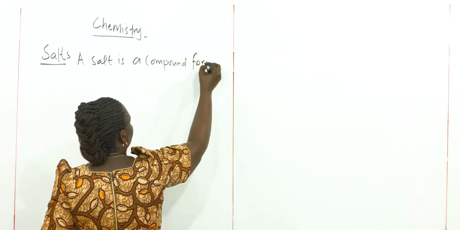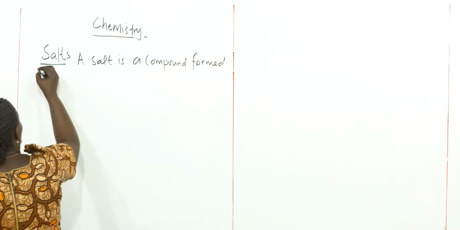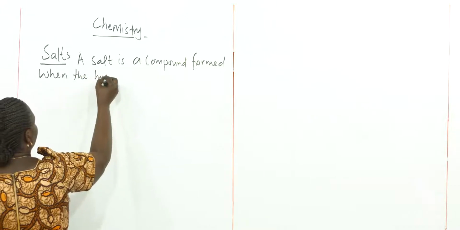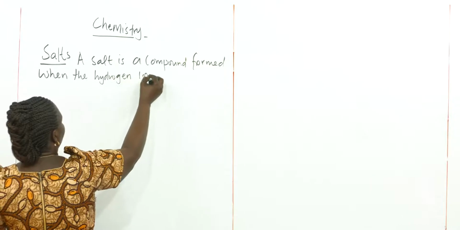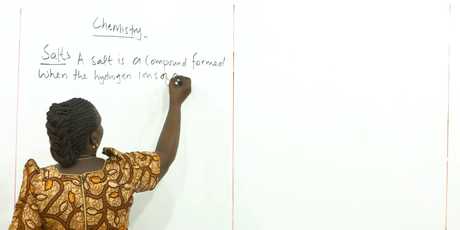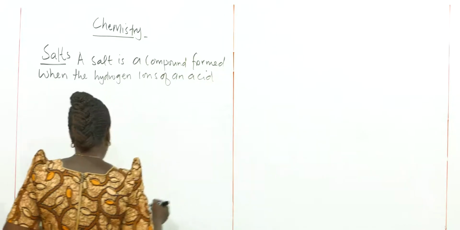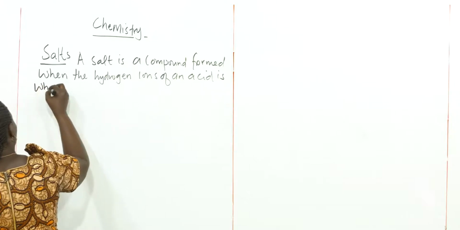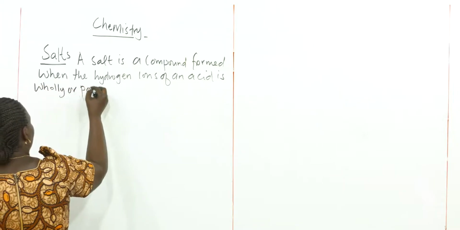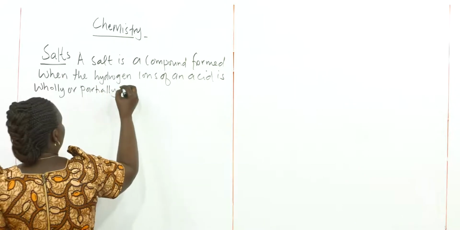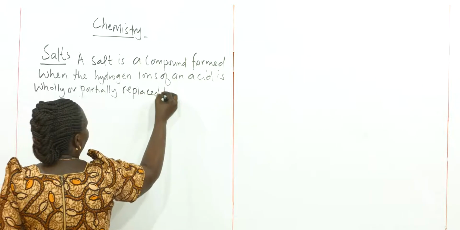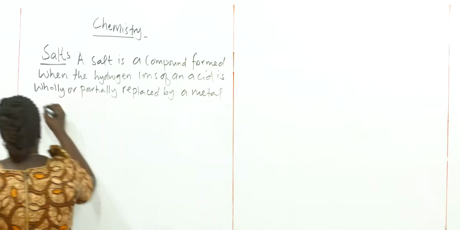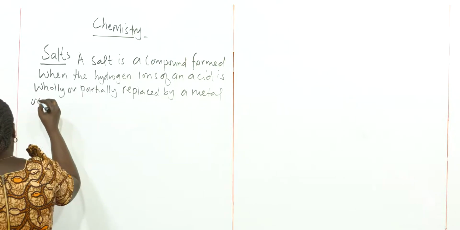A salt is a compound formed when the hydrogen ions of an acid are wholly or partially replaced by a metal or ammonium ion.